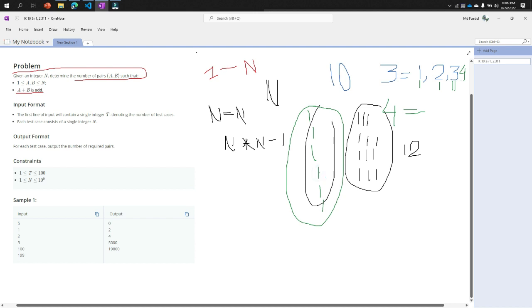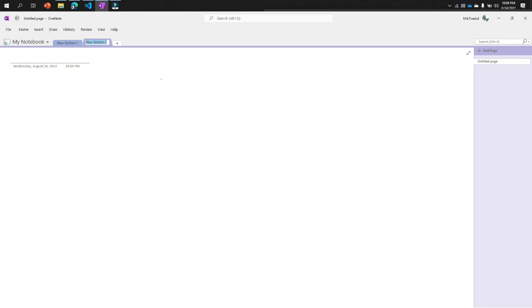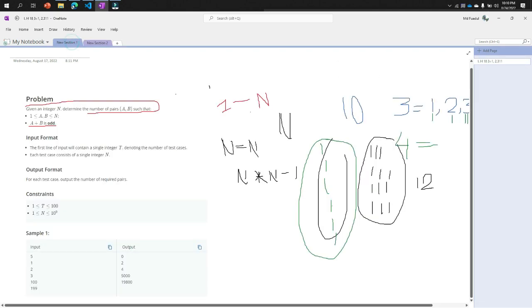Okay, let's take an example. N equal to 3. Our formula is n multiplied by n minus 1, so 3 into 2, the answer is 6. In the previous explanation we saw that for n equal to 3 we can build 6 pairs.